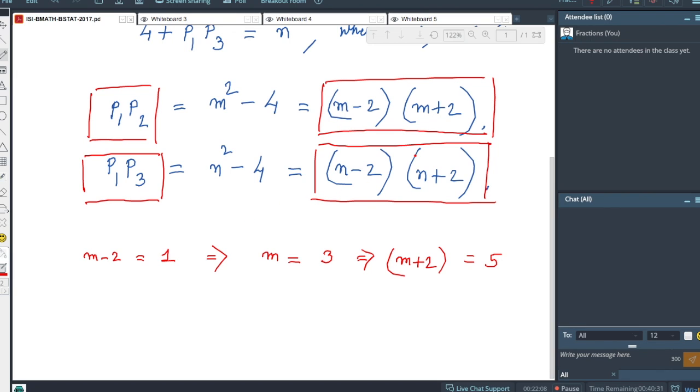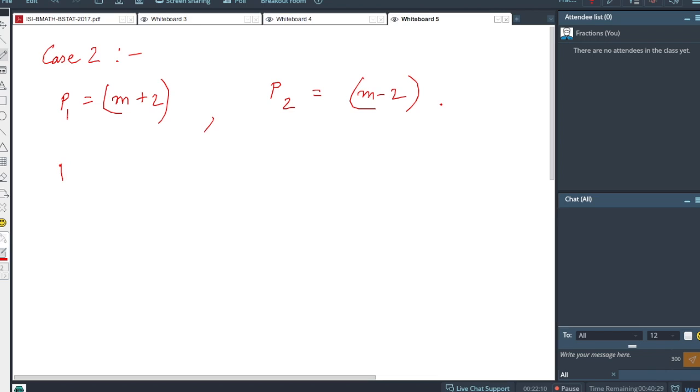So p1 has to be n minus 2. And naturally p3 is n plus 2.